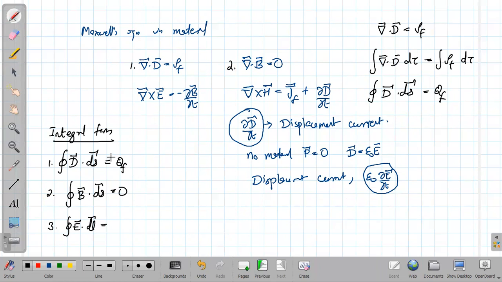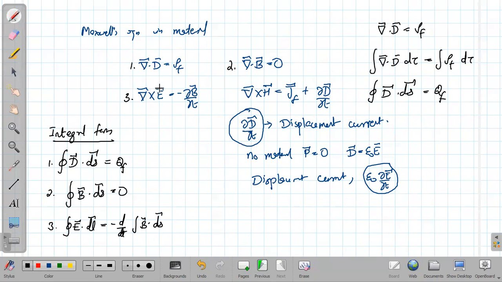It is nothing but Faraday's equation. So we can write this equal to minus d/dt of the integral B·da. We just have to integrate it over a surface. Integrating over the surface, we get minus ∂/∂t of the integral B·da.